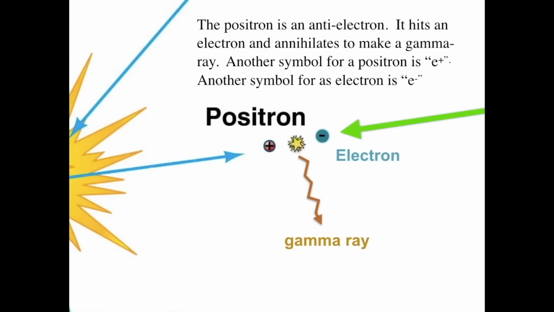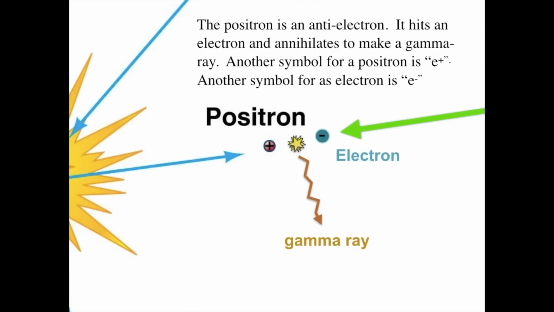But for our purposes, it has the exact same mass and an opposite charge, and every aspect of a positron is the opposite of an electron. So when an electron and a positron meet, they annihilate. All of the matter that was the positron and the electron is converted into energy, and that energy is in the form of light, a pair of gamma rays. Two need to come out because of momentum concerns, but there we have it.